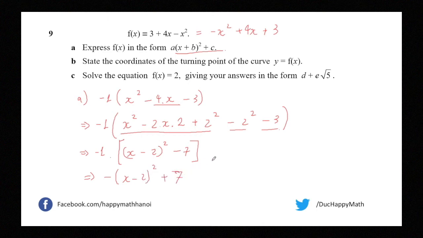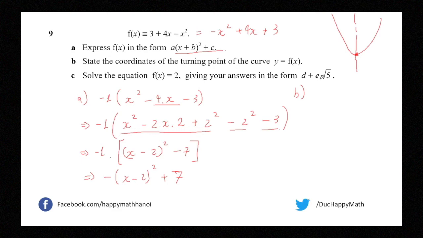And after that, the coordinate of the turning point. The turning point is the point of minimum value or maximum value. From this formula you can get that this is the same coordinate of x as the symmetry line.